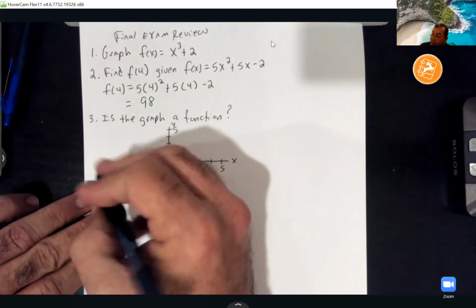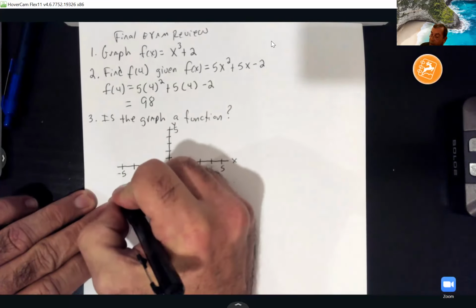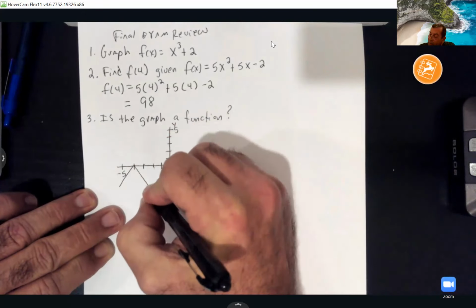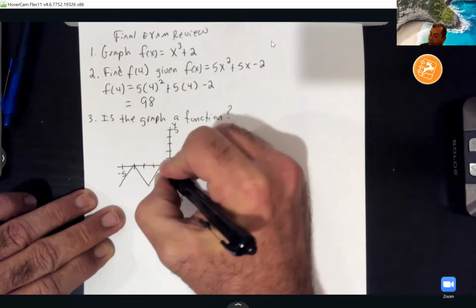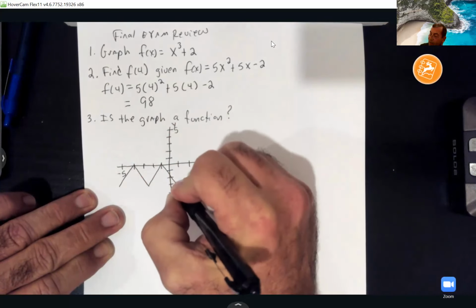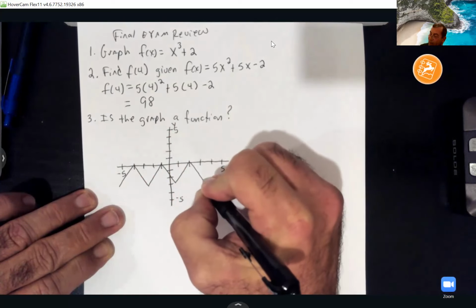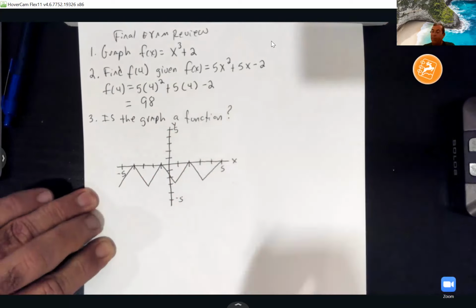All right, y'all, so this graph goes uphill, downhill, uphill, downhill, uphill, downhill, and uphill.